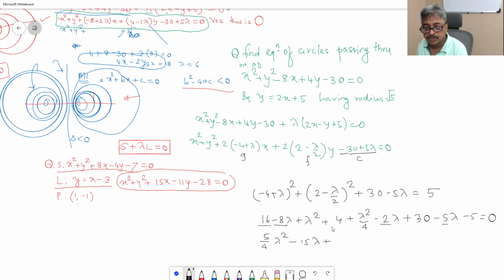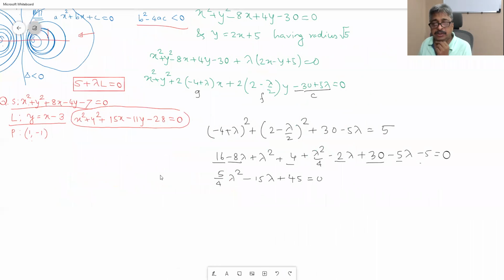Plus 16 plus 4, 20, plus 30, 50, minus 5, 45 is equal to 0. I hope my calculations are correct.